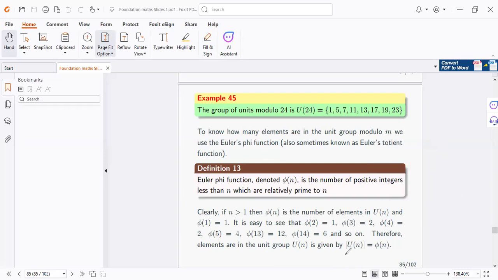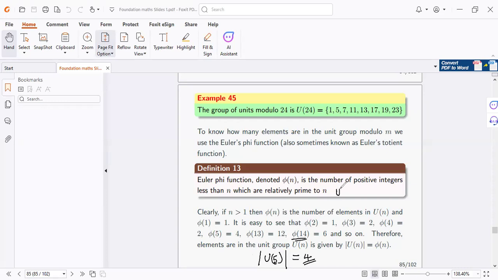Now, I've used these parallel lines to mean how many we have. For instance, if I write U of 5, between those 2 parallel lines I just mean how many elements are in this group. This group has 4 elements. The numbers relatively prime to 5 and less than 5 are 4. So I can write this one again.